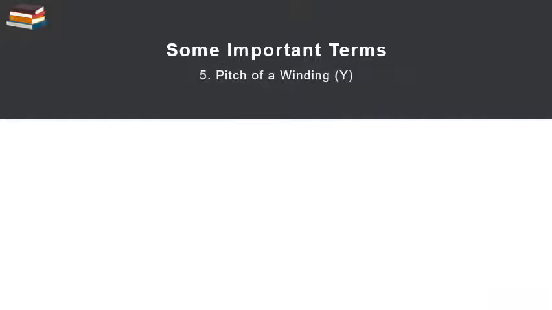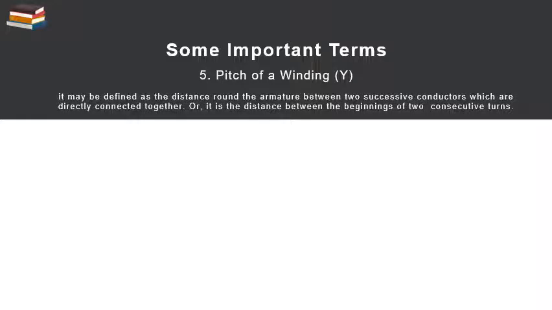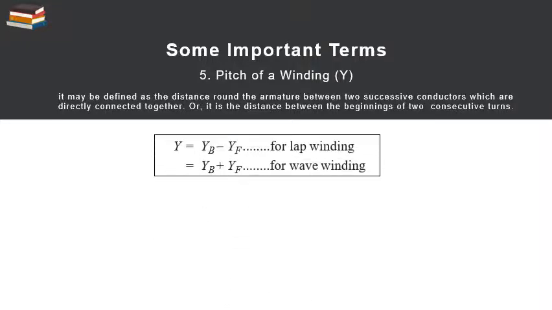Number 5, pitch of a winding. It is denoted by capital Y. It may be defined as the distance round the armature between two successive conductors which are directly connected together, or it is the distance between the beginnings of two consecutive turns.